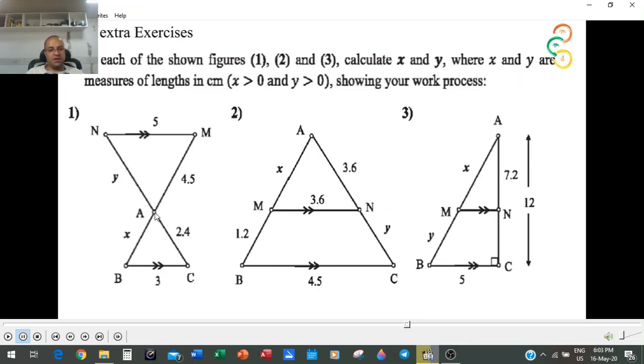We started from A and we can continue to say that it is equal to MN over BC. Sorry, let's start again. AN over AC equals AM over AB equals MN over BC.